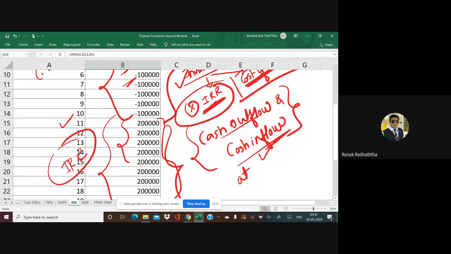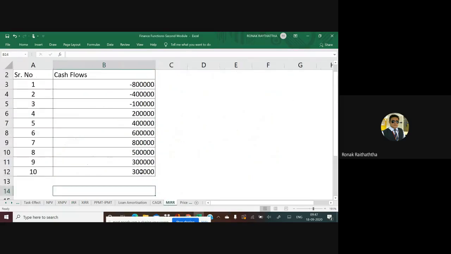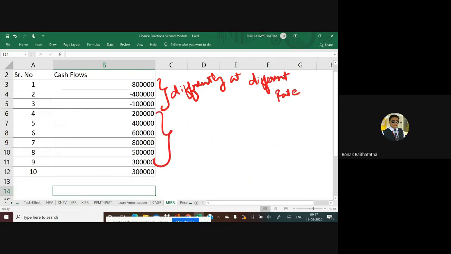So MIRR is the modified internal rate of return. It is internal rate of return only, but it is the modified version, where the cash outflows will be treated differently, at a different rate, and cash inflows will be treated differently, at a different rate.